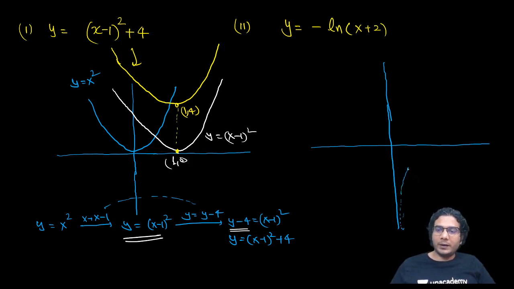We'll do the transformations on this graph. And what are the transformations? You need to do two transformations to get the final graph. I'll write the steps here.